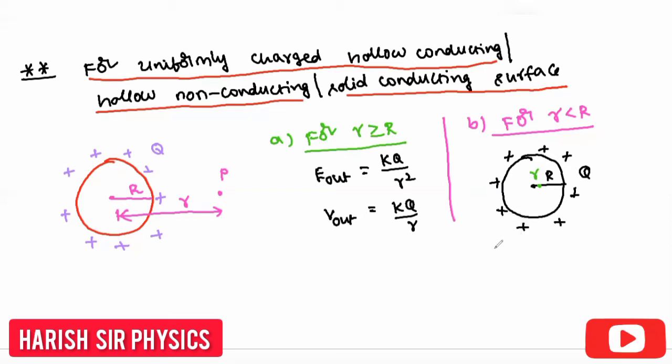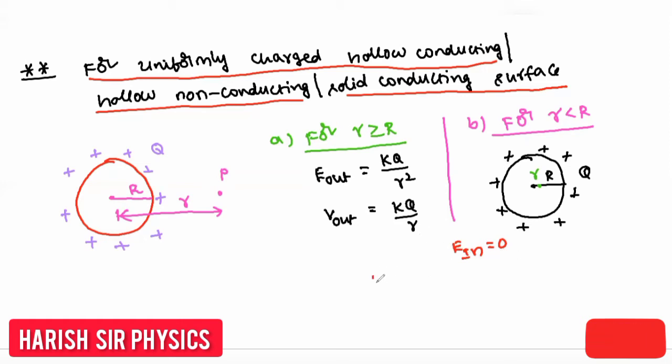The potential and electric field inside: E inside will be 0. The electric field inside is 0 because for a conductor there is no charge inside the sphere or shell.